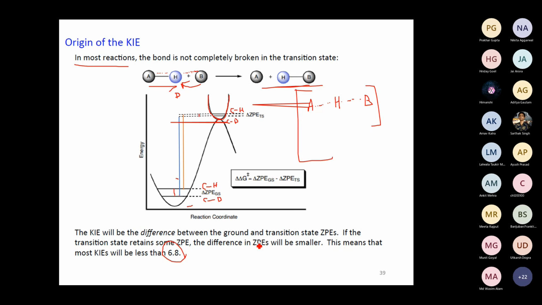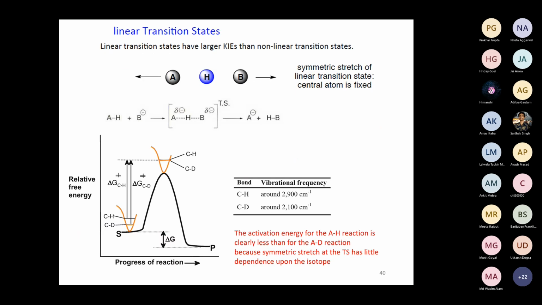Okay, so let's see how geometry will affect the value of KH by KD in primary kinetic isotope effect. The first is, suppose the transition state is linear.